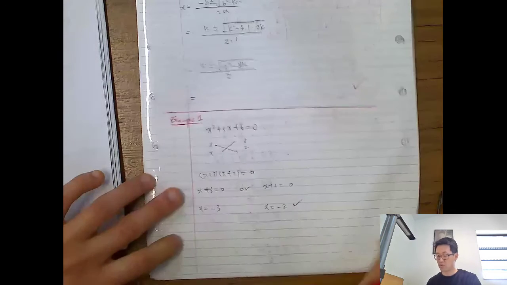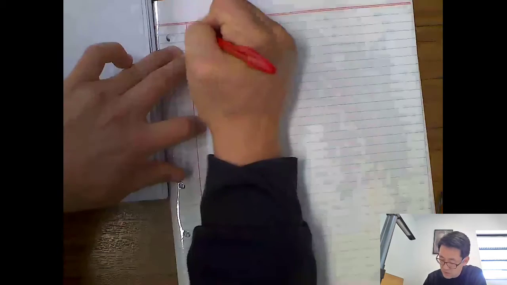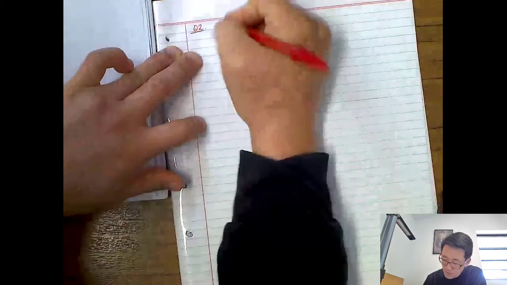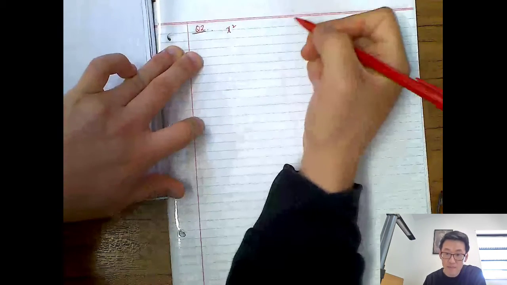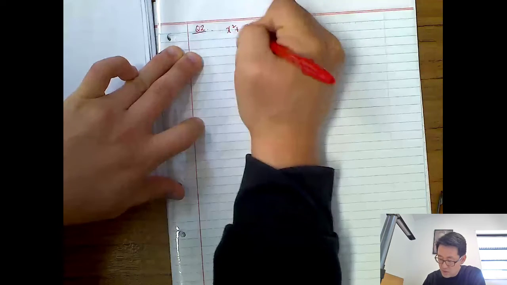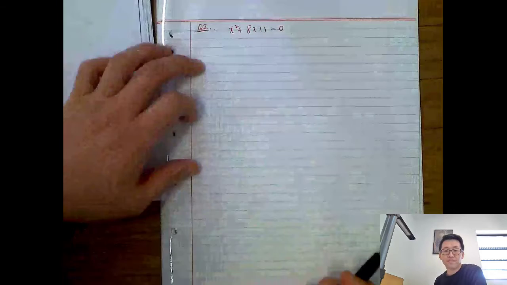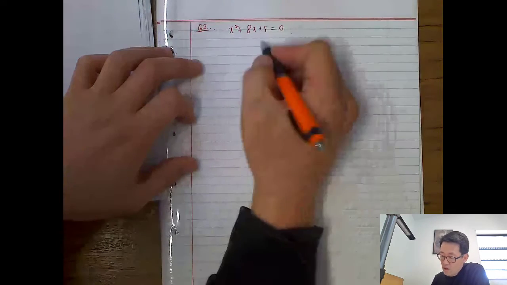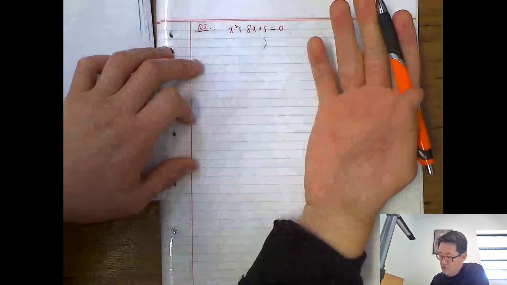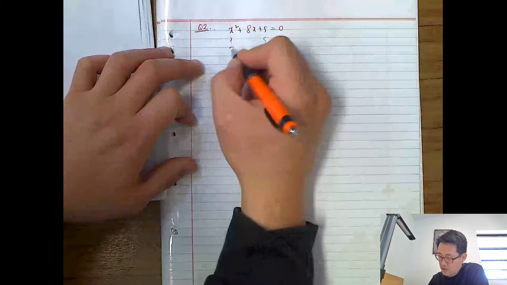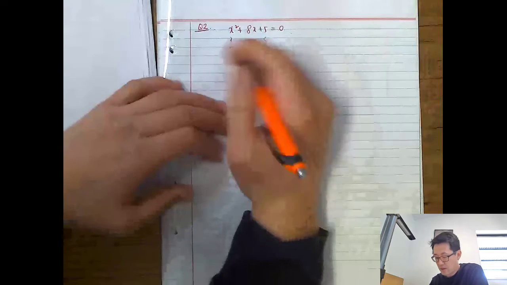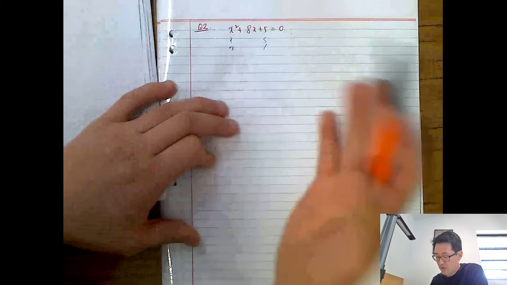However, question 2. Shouldn't be too fast. Question 2, we have x squared plus 8x plus 5 equals 0. 5, 1 doesn't work. Okay, x. Can I factorize it? Any highest common factor?